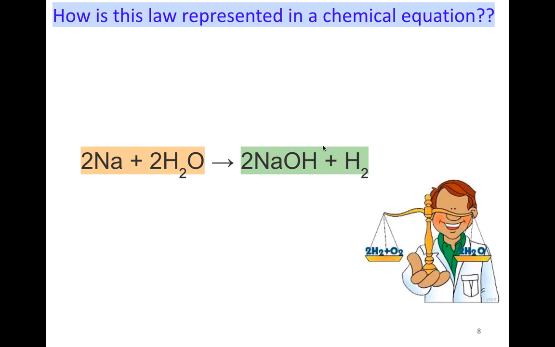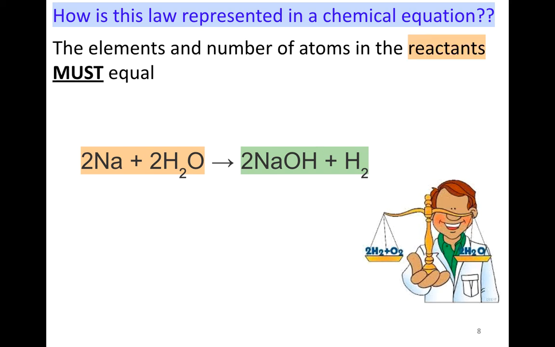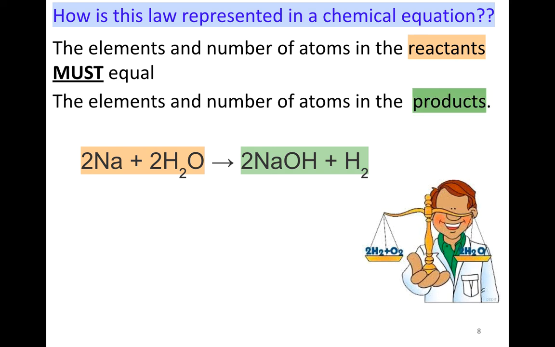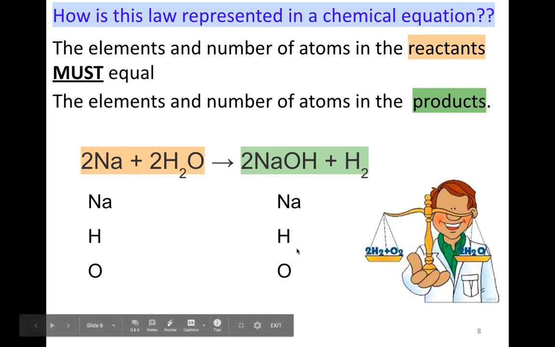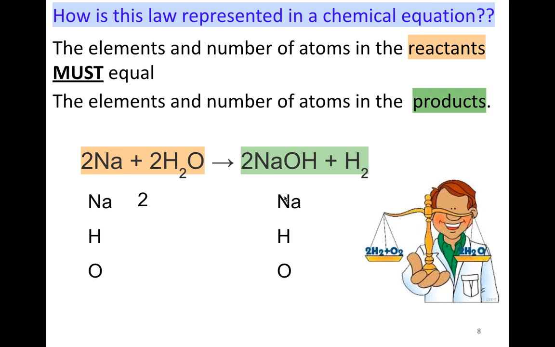Looking at our equation from before with the sodium and the water, the reactants have to equal the products, the numbers and types of atoms. So we have sodium, hydrogen, oxygen, same thing. Now, notice that the appearance of these atoms is not in the same order. It's sodium, oxygen, hydrogen. I highly recommend you always list them in the same order, regardless of the order in which they show up. So we have 2 sodiums over here.